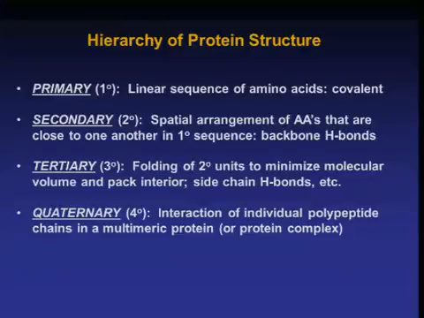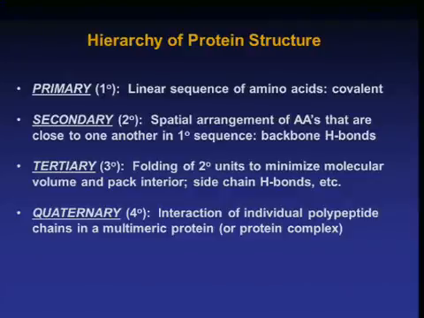Secondary structures, all right, this is the first higher level where you start to develop some structure. With secondary structure, these are localized structures. So amino acids that are close to one another in the primary sequence can adopt a localized structure, the first organized structure above simply the linear sequence.